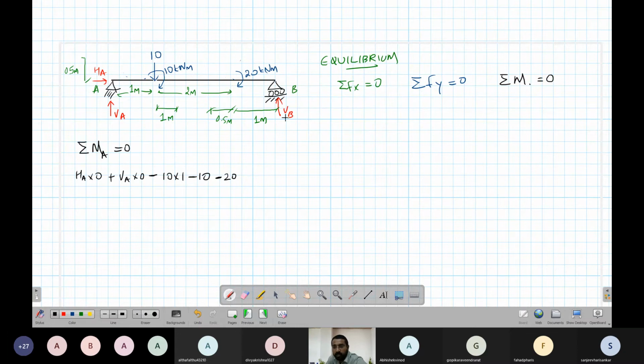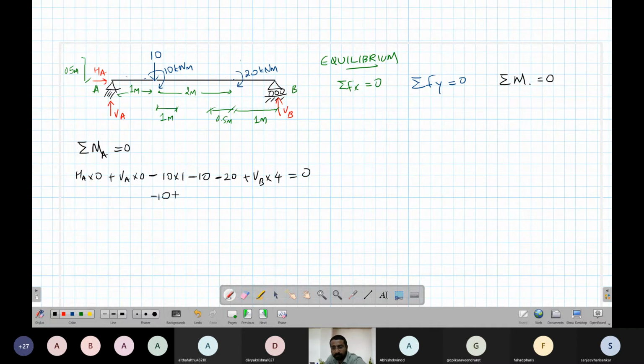Okay. Then VB into, so what is the distance? This is 1, this is 2, this is 1. So 2, 3, 4. 4 meter. VB into 4. Plus VB into 4. Now, summation of moments about A should be equal to 0 because of equilibrium. Okay. So this is gone, this is gone.